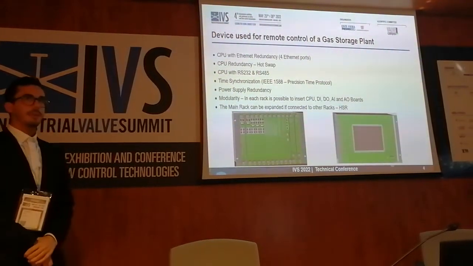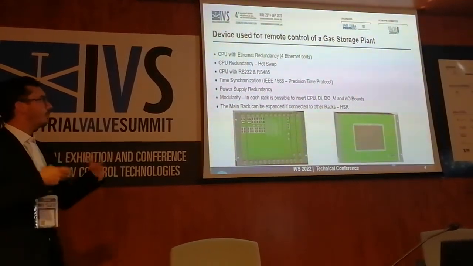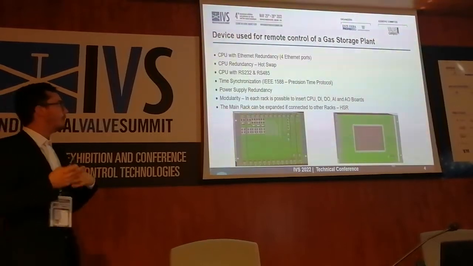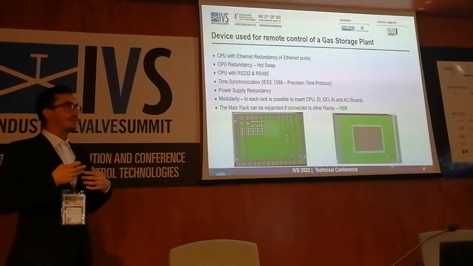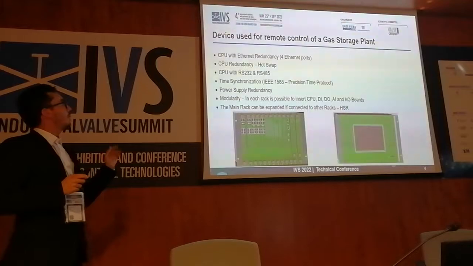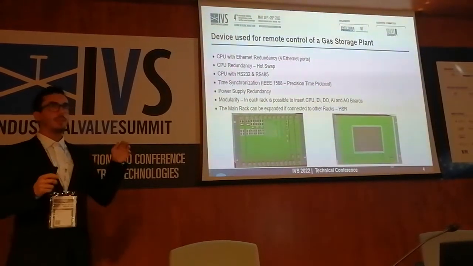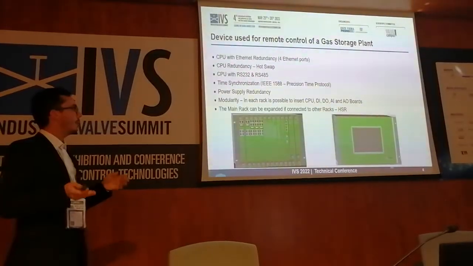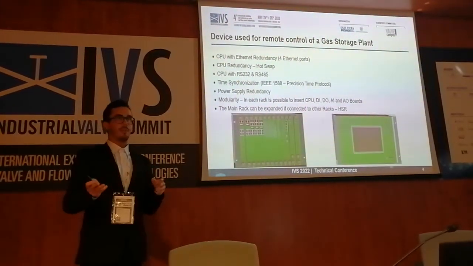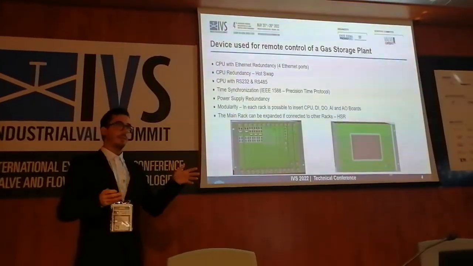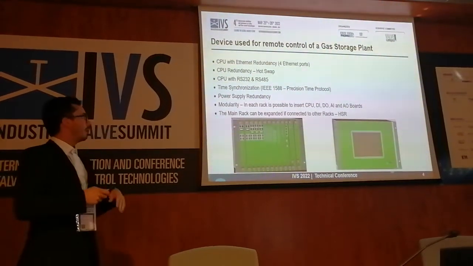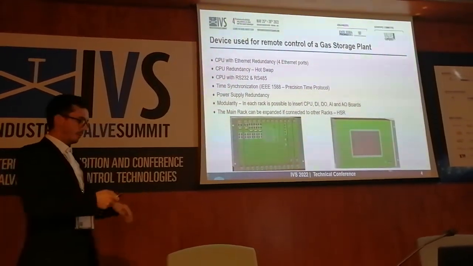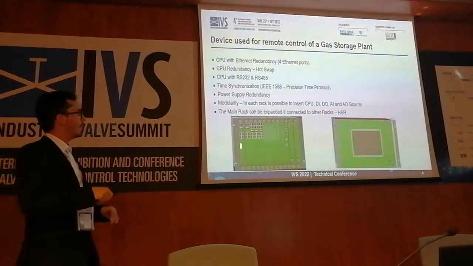Okay, so here we have the devices. I'm going to explain a little bit about the devices that we have, because we have 4 Ethernet ports that we use for the redundancy. So in case something happens, we are able to use another Ethernet port. Then we have the redundancy of the CPUs. Those are the CPUs on the left side.